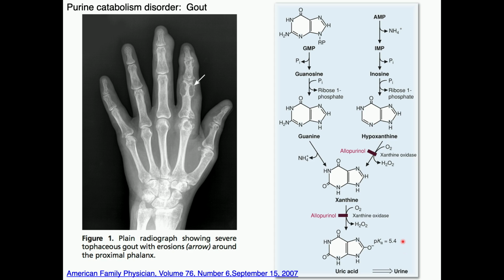The colder something is, the more likely it is to be insoluble and to precipitate out into a crystal. So that's why these tophi, these uric acid crystals, happen in the extremities and not in the shoulders or the vertebrae.